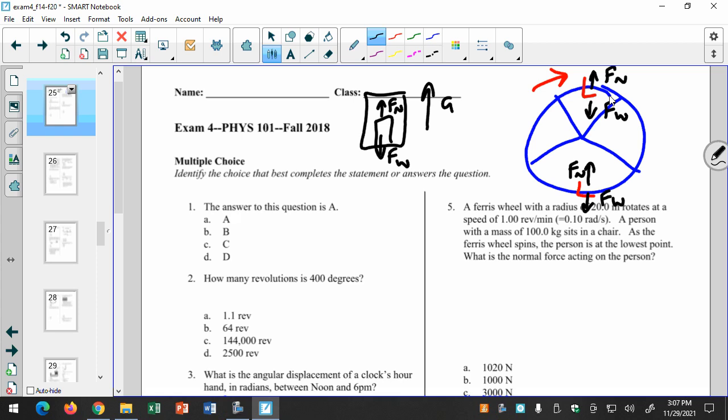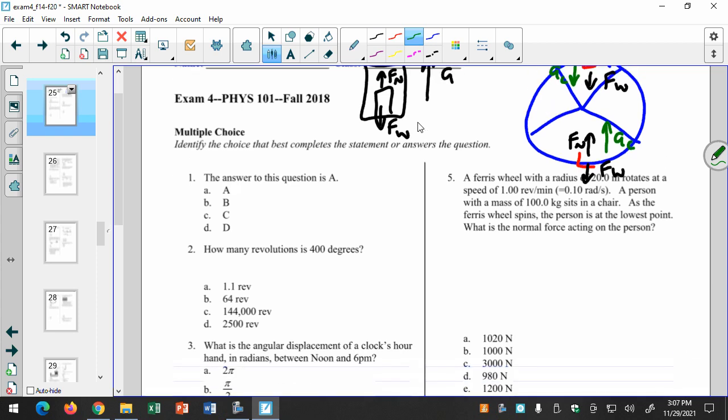In this case, your centripetal acceleration is always towards the center of the circle. That's what centripetal means, center seeking. So my centripetal acceleration here is in the downward direction, and my centripetal acceleration here is in the upward direction.